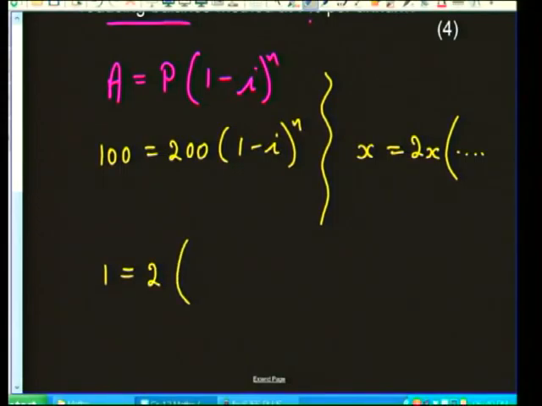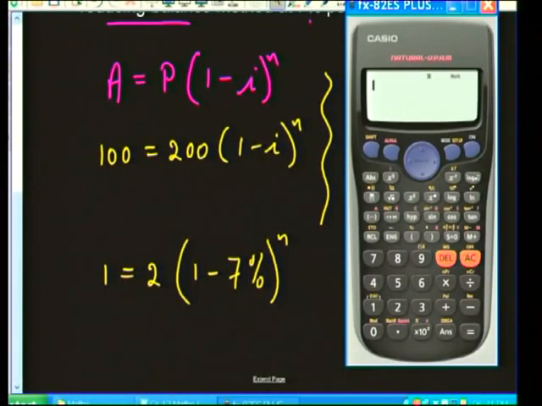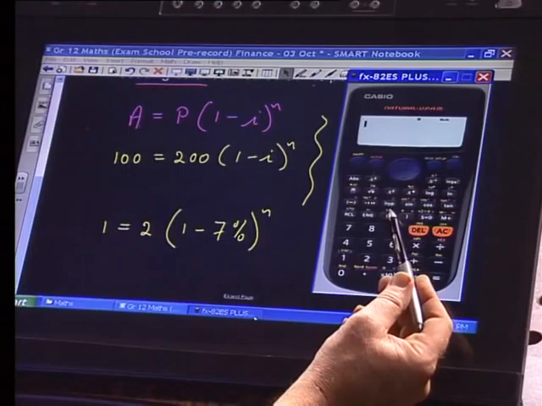Small numbers, I'm happier. 1 minus, and it was quoted at 7.5%, and we need to find the value n. How many years? Another thing I do is, because of the calculator, and I'm going to pull it up now, we can see that the calculator has a percentage button on it.